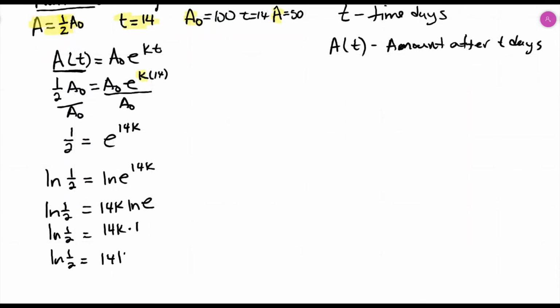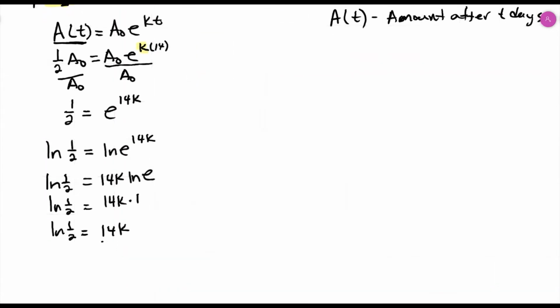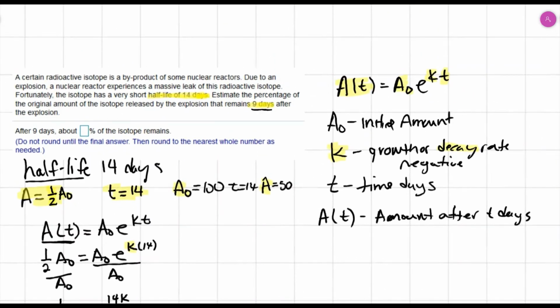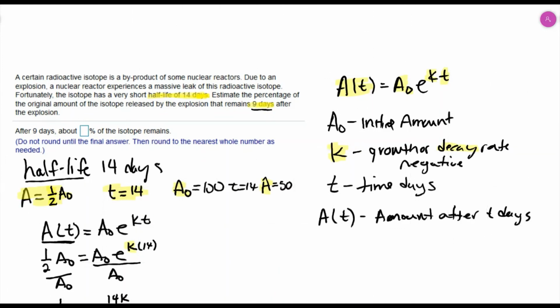So that gives me 14k. I'll divide both sides by 14, and I get k equals natural log 1/2 over 14. So now I have my decay rate. And now I'm going to be able to answer this question that they ask.